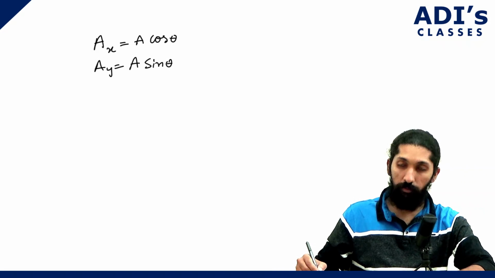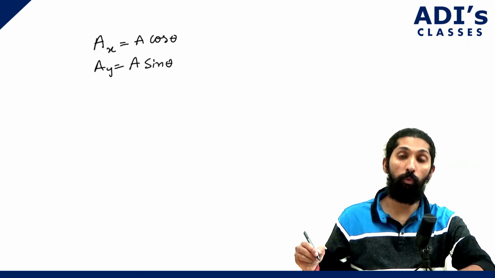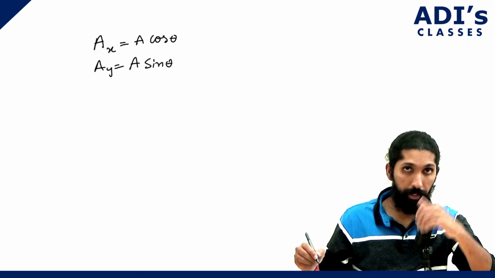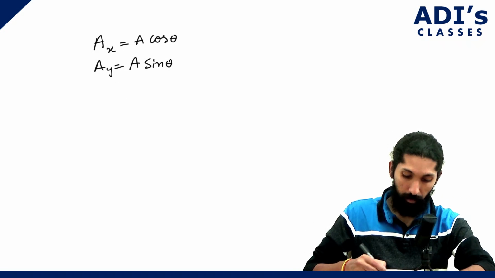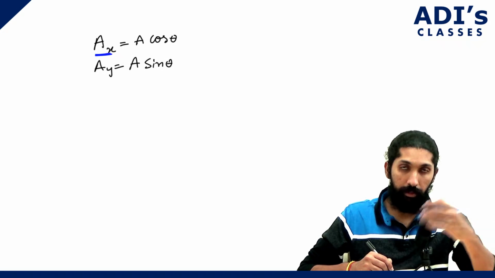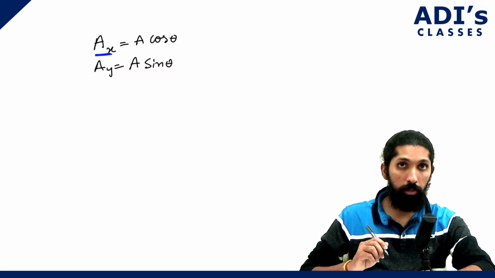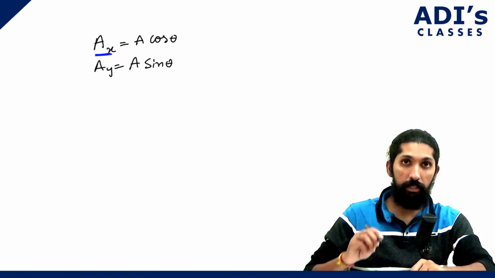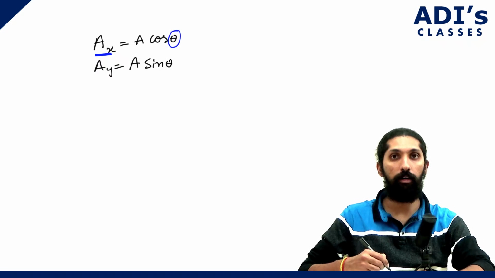Now, why all of a sudden am I talking about vectors? Because you need to understand what exactly we mean by a parameter. Here, if you see these two, AX is a component of a vector. But a component of a vector is represented in the form of theta.